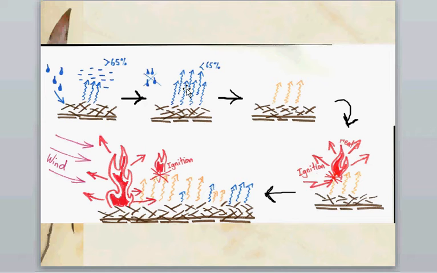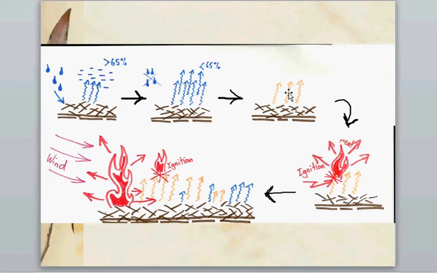Till eventually, once all the water has been driven off that leaf litter, the combustible gases begin to be given off by the leaf litter, and that's what these little yellow arrows indicate. Combustible gases being released from this leaf litter. Okay?